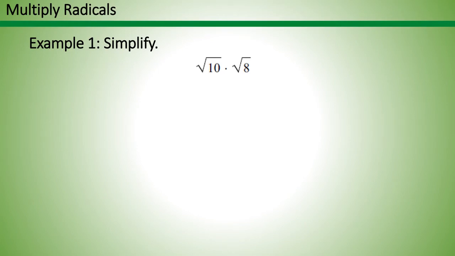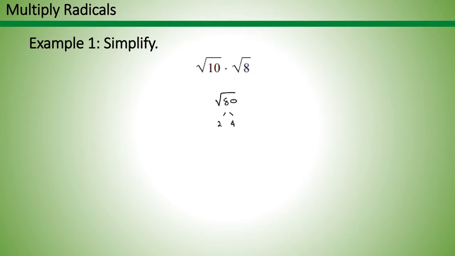So this first example, I have root 10 times root 80. Since both of these are on the inside, I'm just going to multiply them together, and that becomes the square root of 800. Okay, so now if I want to break this thing apart, let's just find the prime factorization.